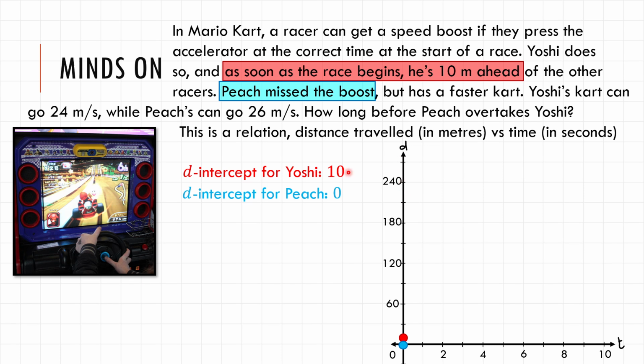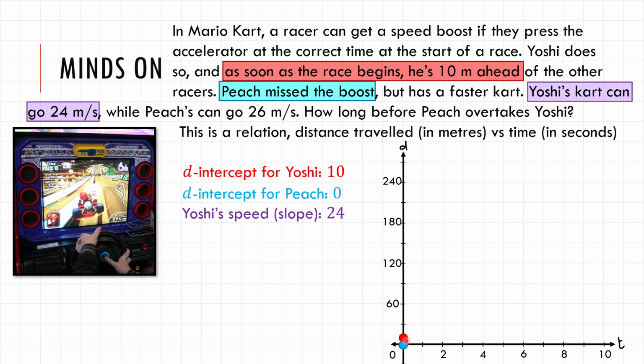Now, we know that linear relations have two parts, not just a y-intercept, or in this case a d-intercept, but they also have a slope. So in this case, Yoshi is going 24 meters per second.